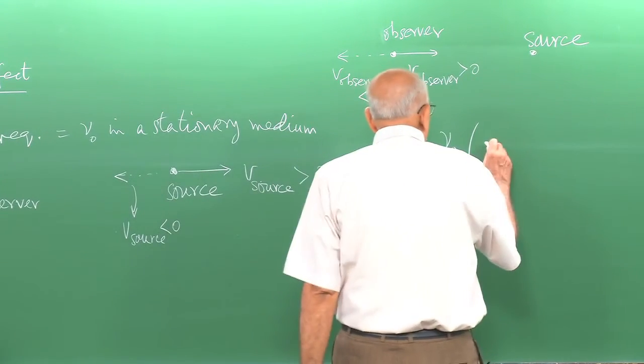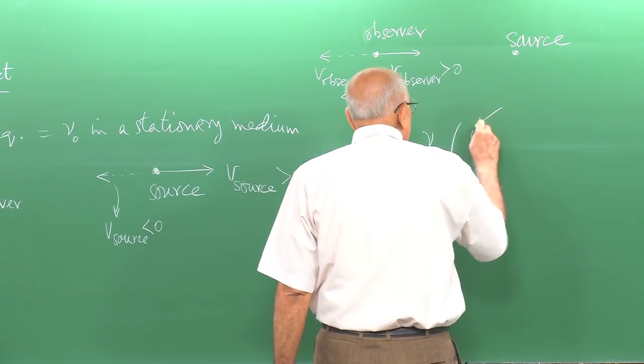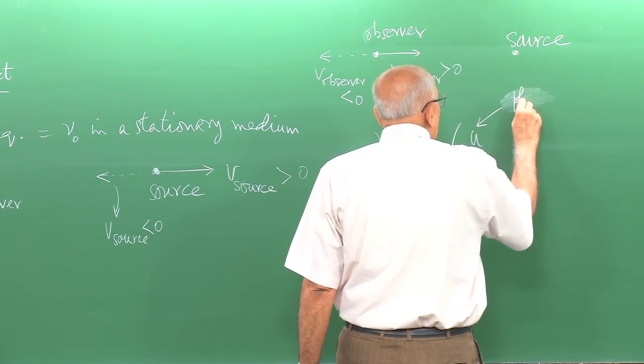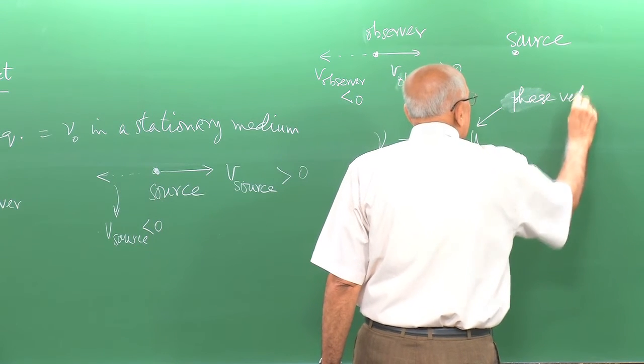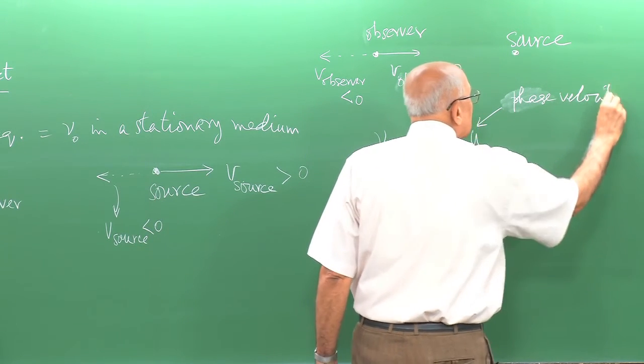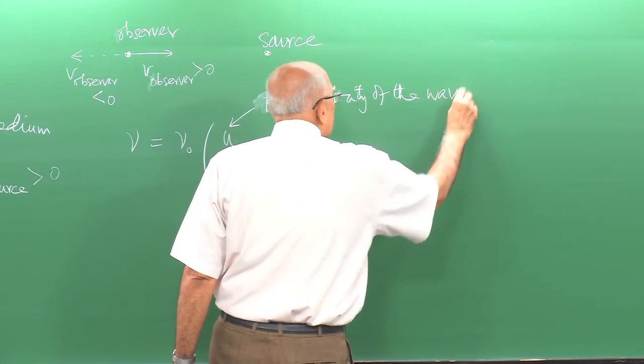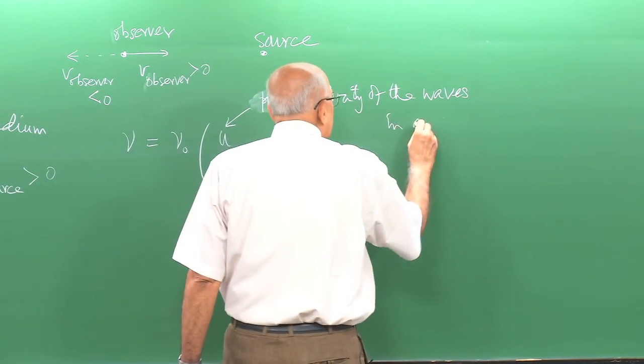If the speed is u, this is the speed of the waves, or the phase velocity of the waves in a stationary medium.